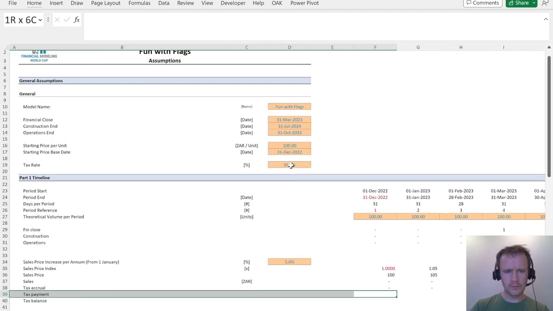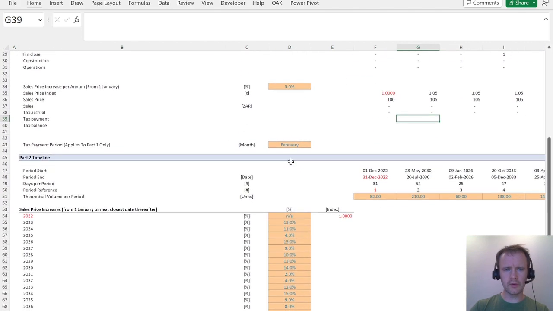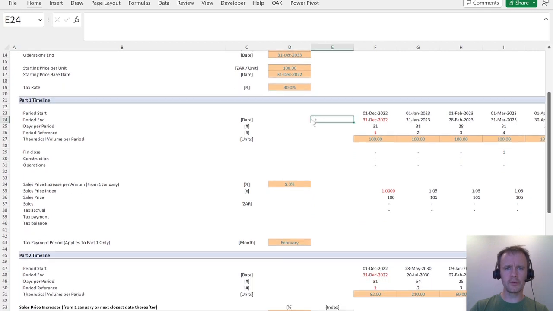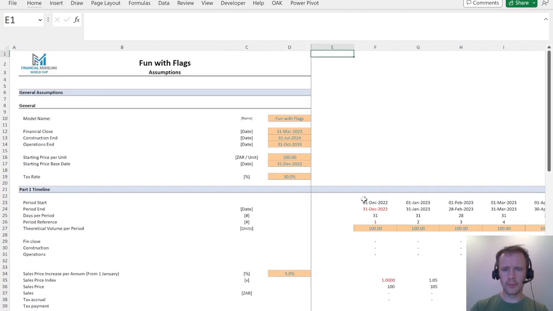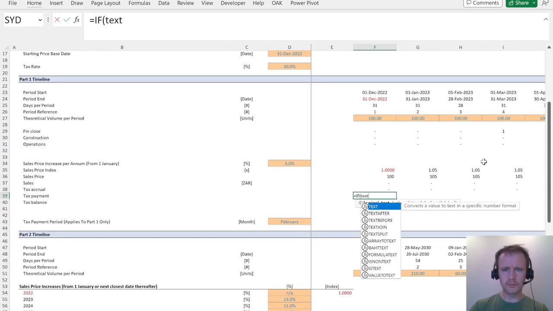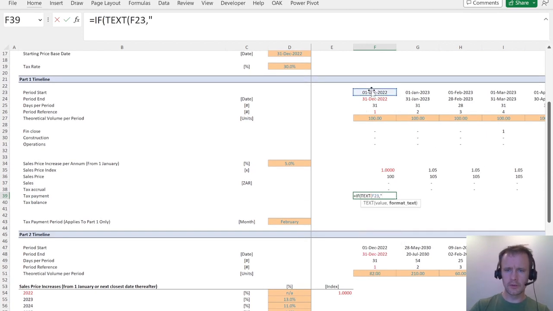Okay, so let's just scroll down a little. Actually, sorry, let me freeze panes a slightly better way so that I can keep everything from here. Okay, so the tax payment is if text of this MMM is equal to this. Not how I would input the assumption, but never mind. Then it's going to be minus this minus the current period, otherwise 0.